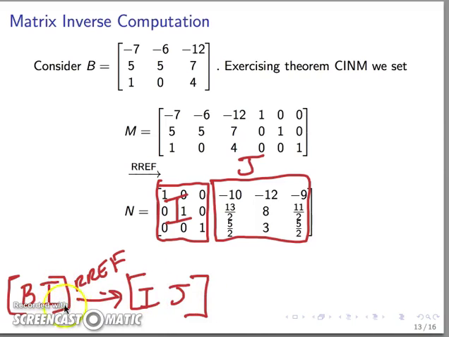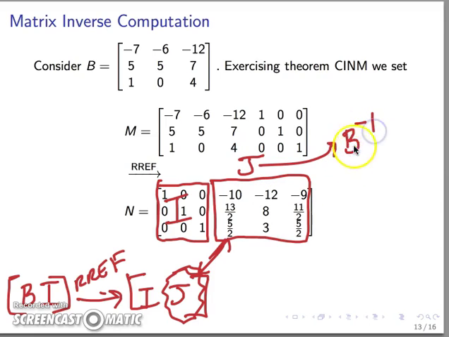We started with I on the second square, but now I appears as the first square. And this matrix that we're calling J, this submatrix, would then be the inverse of the matrix we're interested in. So in this case, J is none other than B inverse, the inverse of the original matrix.